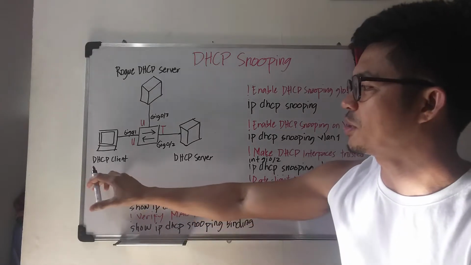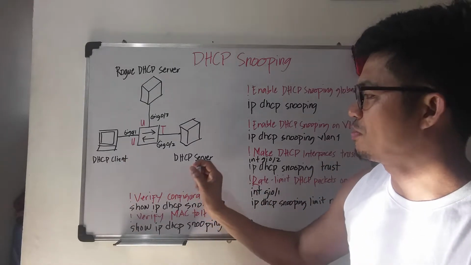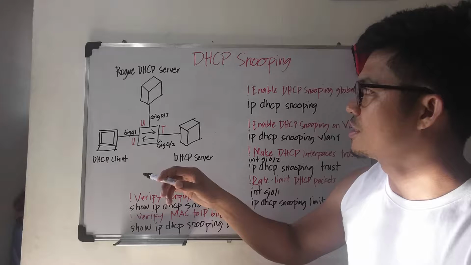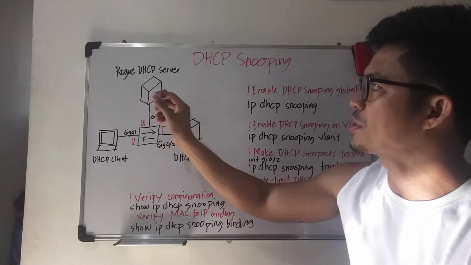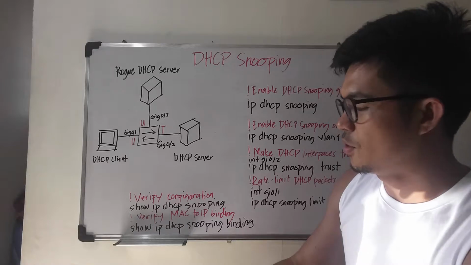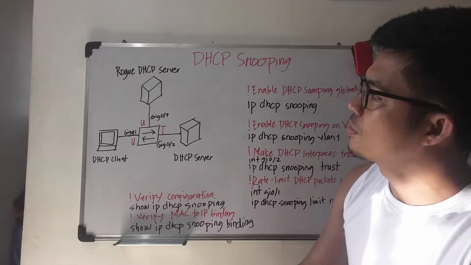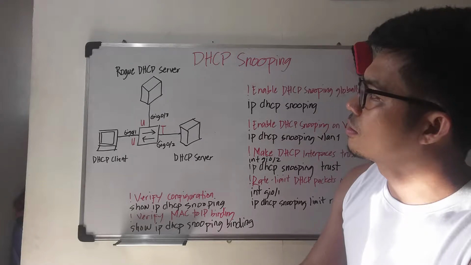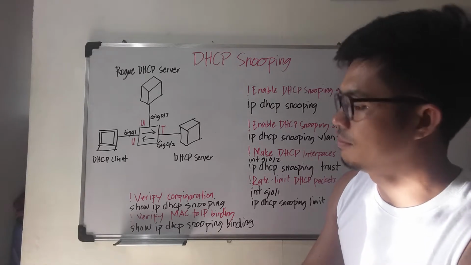We have a DHCP client, we have a switch, and we have a DHCP server, and we have a rogue DHCP server. So how does a man-in-the-middle attack happen?